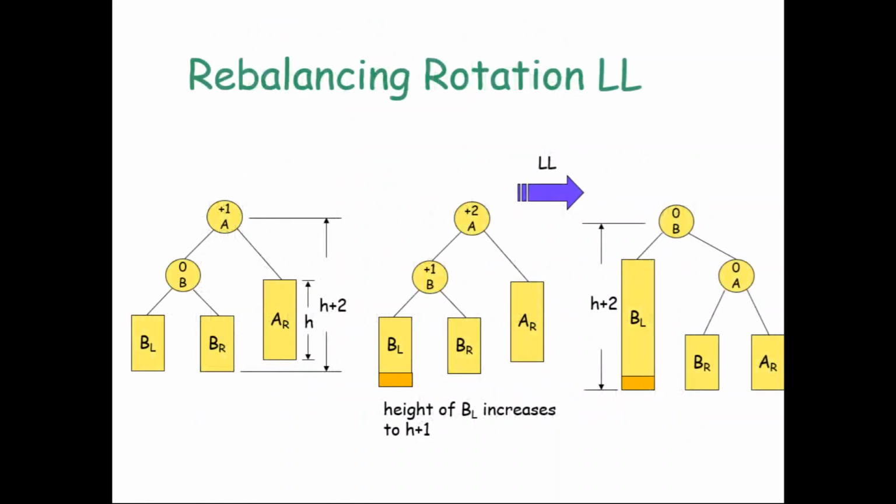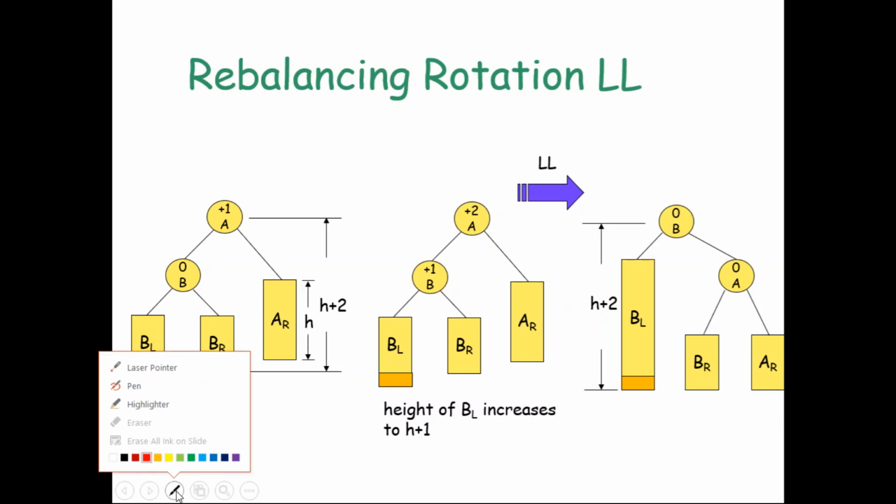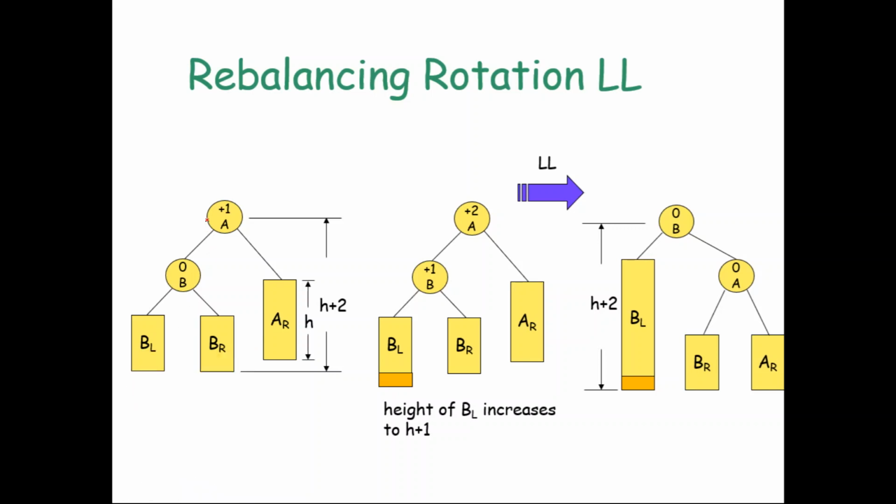So we will try to generalize these rotations. In a given tree, how will it be done? Here, the first diagram on the left is a balanced tree. There is a node A, to the left there is a node B, and this is the left subtree of B. There may be many nodes, we are not showing all of them.